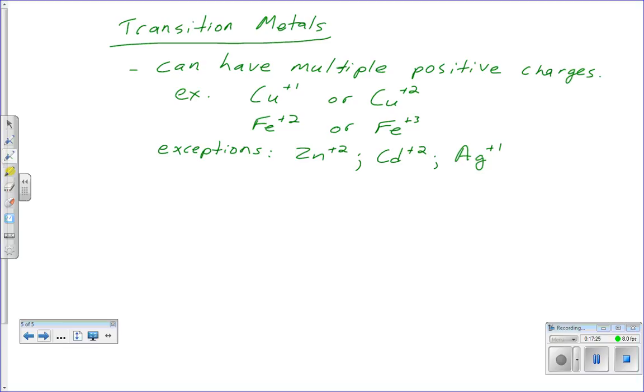Okay, so what I'm about to talk about, we don't really need to do with these guys because they're always the same charge no matter what.